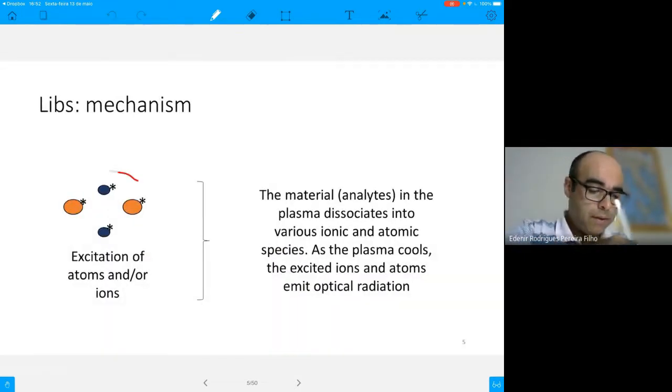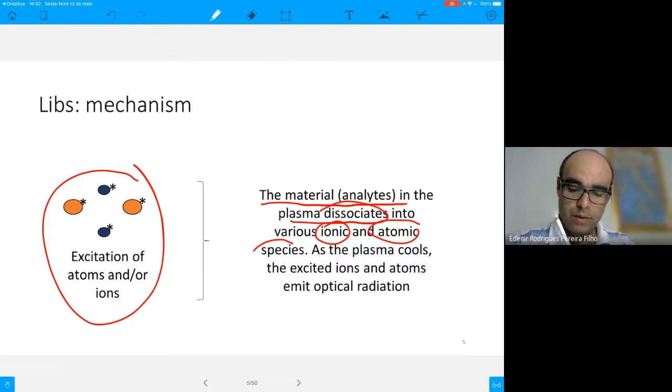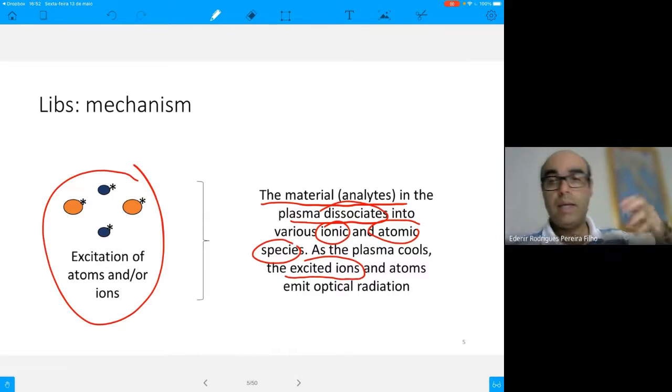Then we have an excitation. During this excitation, the analytes in the plasma dissociate into various ionic and atomic species. As the plasma cools, the excited ions and atoms emit optical radiation.